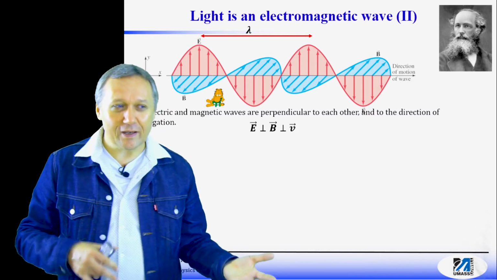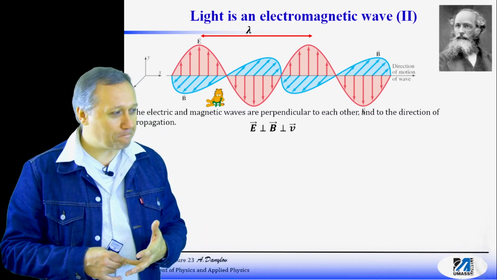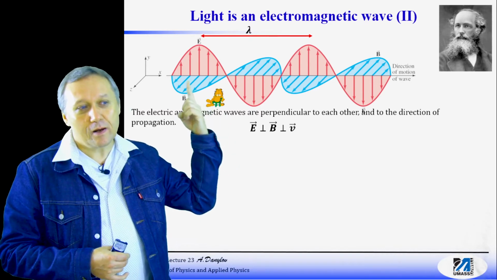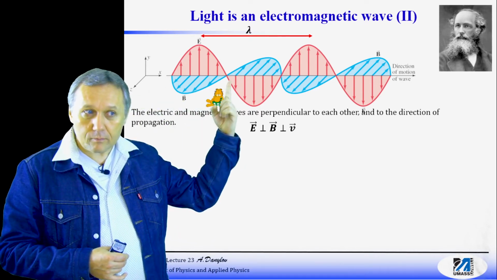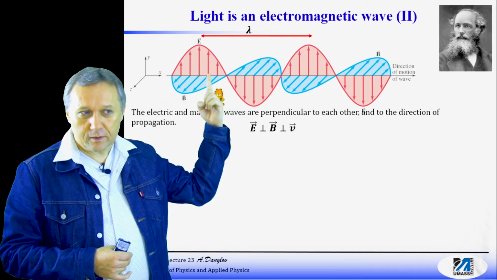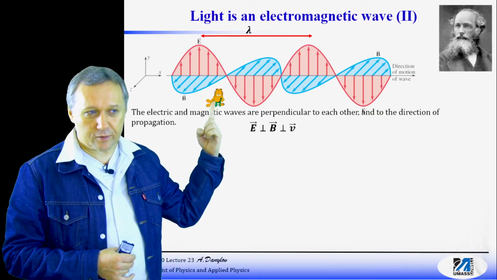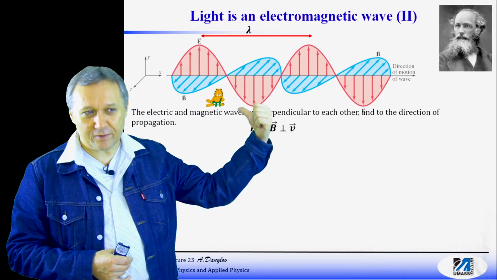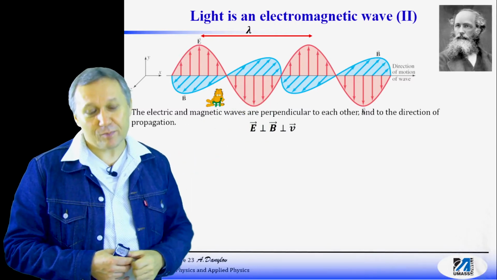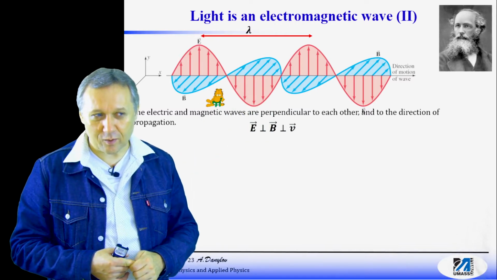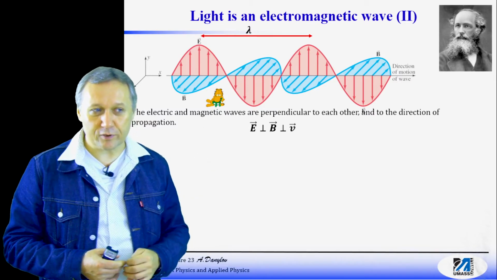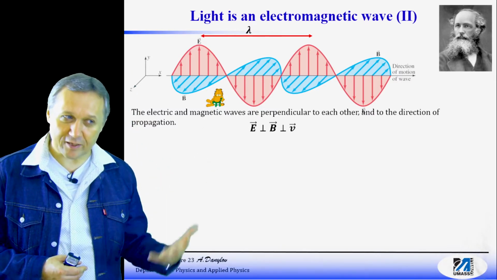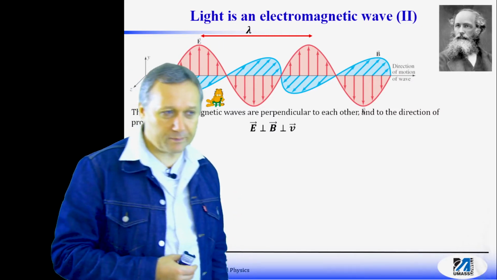You remember longitudinal and transverse waves. So this is the example, because the electric field oscillates in the direction perpendicular to the direction of propagation, and the magnetic field also oscillates in the direction perpendicular to the direction of propagation. So this is an example of a transverse wave. An electromagnetic wave is a transverse wave.